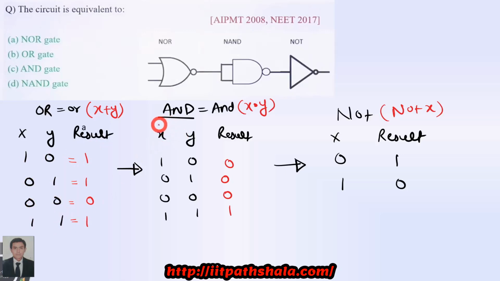Moving toward the AND gate, it is the multiplication of the two inputs. If you have 1 at X and 0 at Y, 1 multiplied by 0 gives you 0, and equivalently the following inputs give you the following outputs.